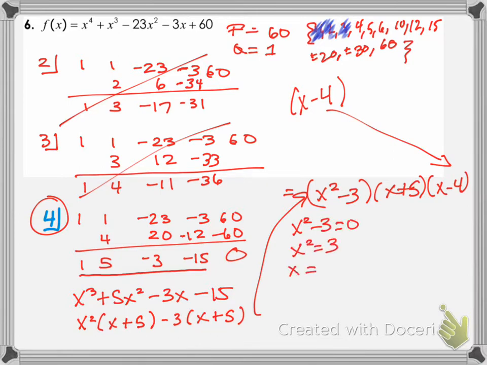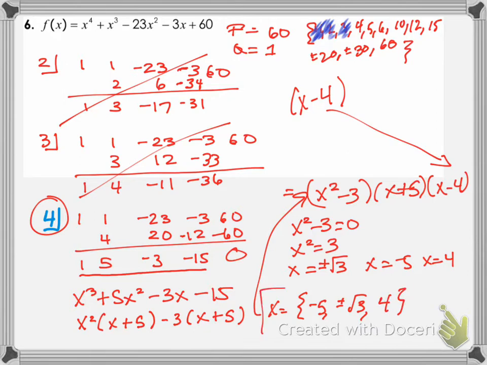So x is plus or minus the square root of 3. And then x equals negative 5 and x equals 4. So x is equal to negative 5, plus or minus the square root of 3, and 4. All right, there you go. So that was number 6. I'm going to stop right there.